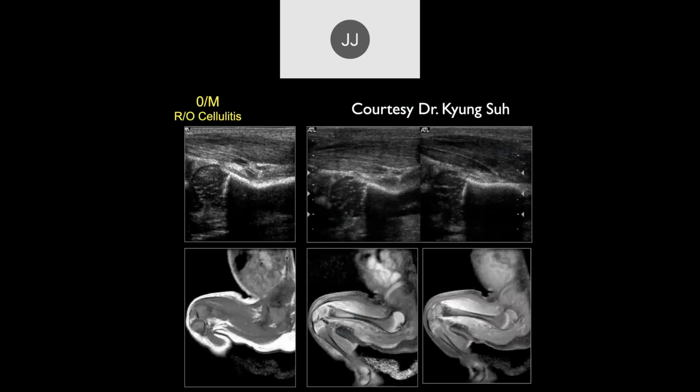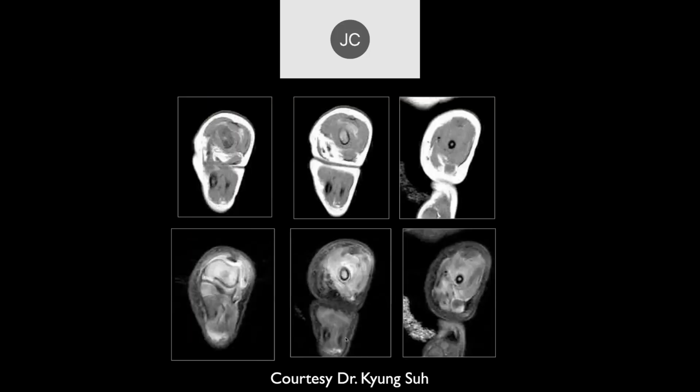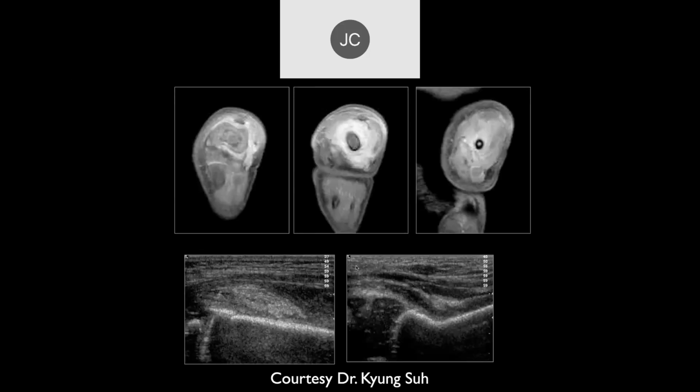So a 0-month-old, rule out cellulitis. So on the top we have multiple ultrasound images. Are we looking at the hip? Not quite sure where we are. It looks like there's increased signal within the muscle tissue of the thighs, circumferential throughout the muscle tissue.